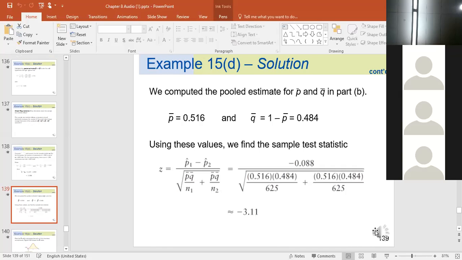Do you see E minus 4 here? That's what you meant. Yes, 10 raised to power minus 4. So it is times 10 raised to power minus 4.